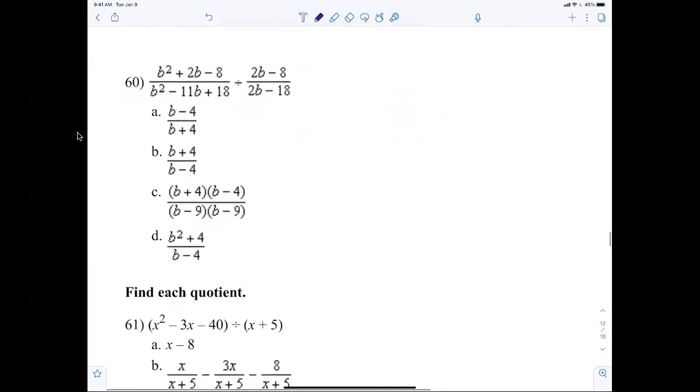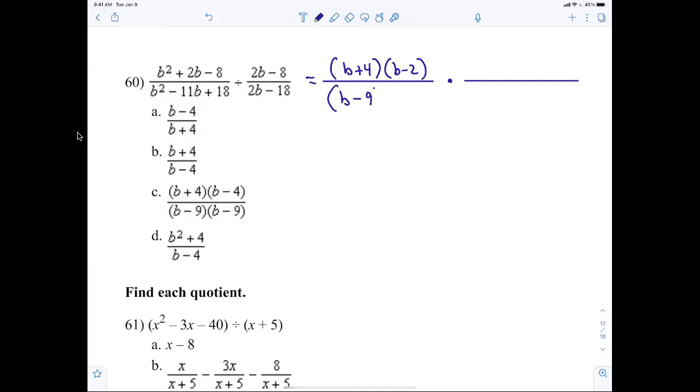All right, 60, again just a bunch of factoring. So we put it equals, times the reciprocal. All right, b and b for 4b, so the top becomes b plus 4 and b minus 6. The bottom is 9 and 2, and it's positive. Wait, negative and negative.